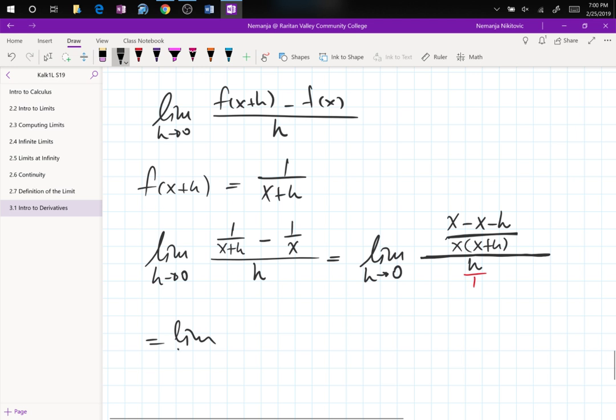So this is now limit h goes to 0. We have these x's drop, and you are left with negative h on top times this 1. So we just have negative h. And on the bottom I have h times x plus h.